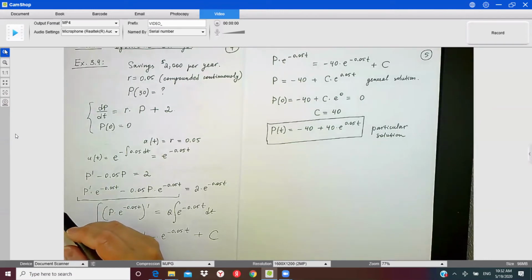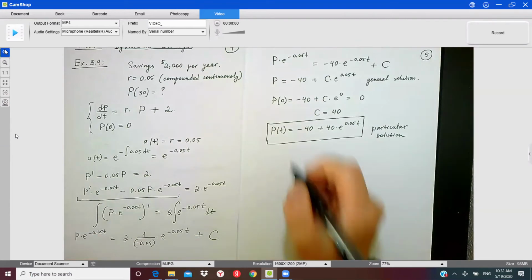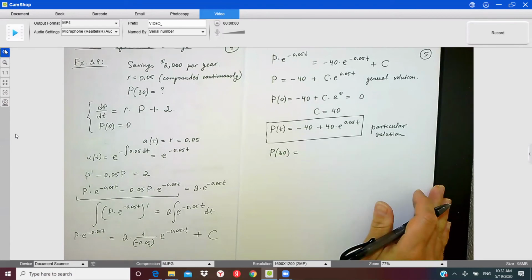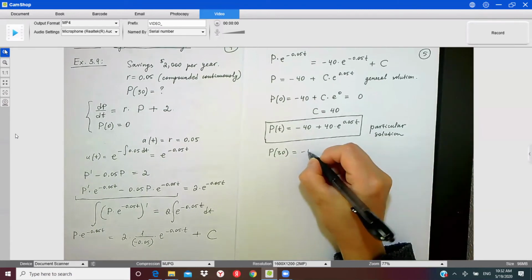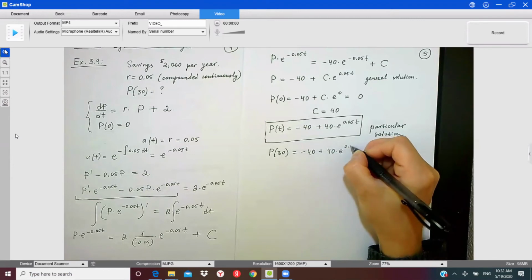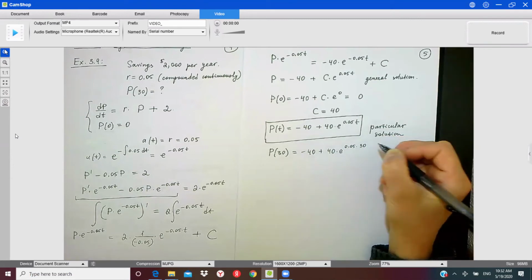By the way, we still haven't answered the question about the balance after 30 years. I'm going to complete this. So minus 40 plus 40 times e, and here I'm supposed to substitute 30 for t.